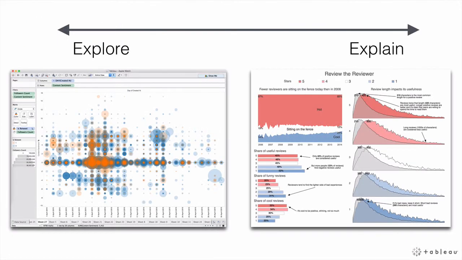So before we get started, let's take a quick look at the landscape of different data visualization types. On the far left here, we've got this idea of data exploration and using visualizations to uncover insights and answer your own questions and change perspective and slice and dice and blend data together and be in that flow of analytics.